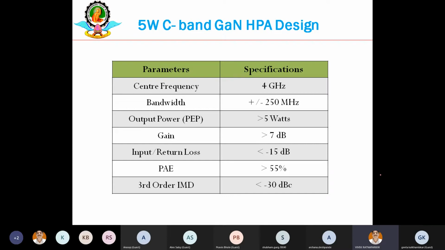Otherwise, in short, we have different semiconductors, likewise gallium arsenide, silicon, but out of which gallium nitride has some special properties. It has the highest thermal conductivity, it has high electron band gap energy, so operating voltage can be very high.